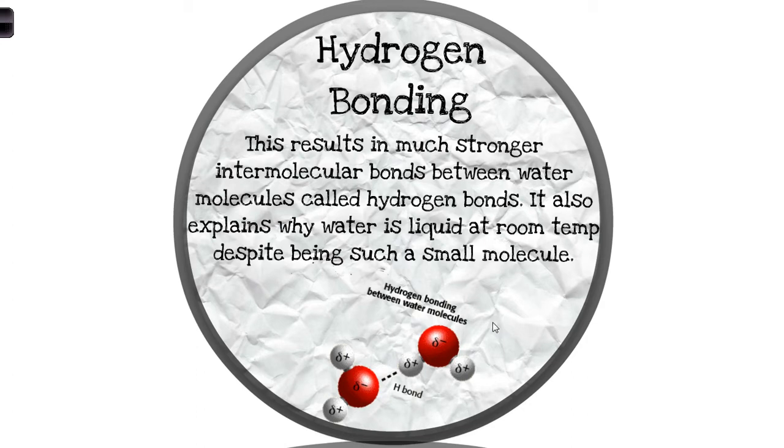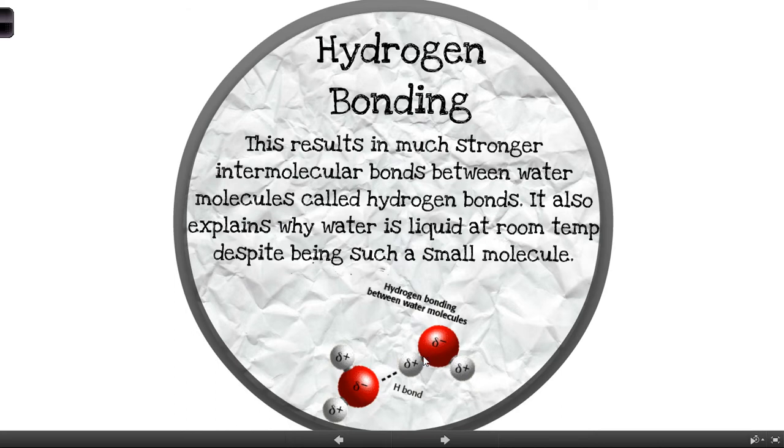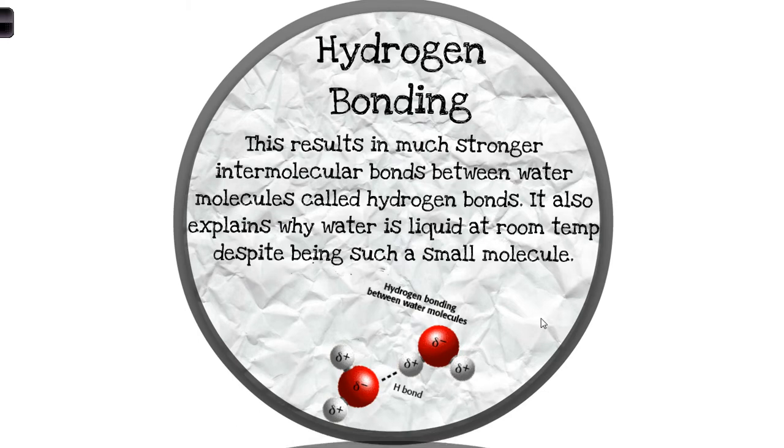So this particular type of bonding, with an unequal sharing between an oxygen, a highly electronegative atom, and a hydrogen atom, is called hydrogen bonding. It's just a particular type of polar bond, and a particularly strong one at that. So it just means that this is what glues our water molecules together to keep them liquid at room temperature.